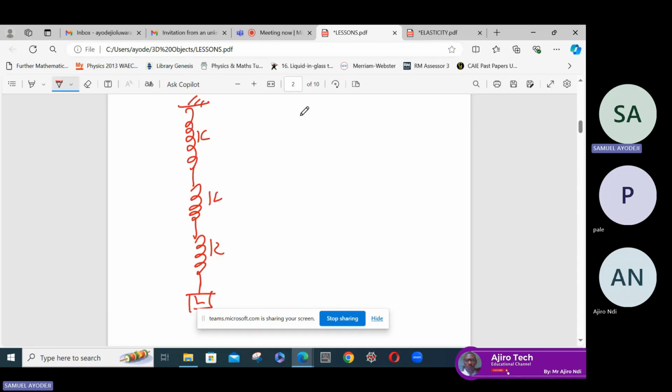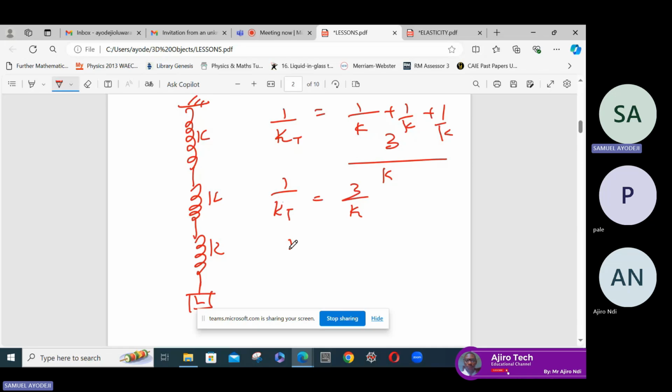So how do I calculate the total spring constant? You use 1 over K total equals 1 over K plus 1 over K plus 1 over K. Do the LCM, which is K. This will give you 3 over K. So K total will give you K over 3.